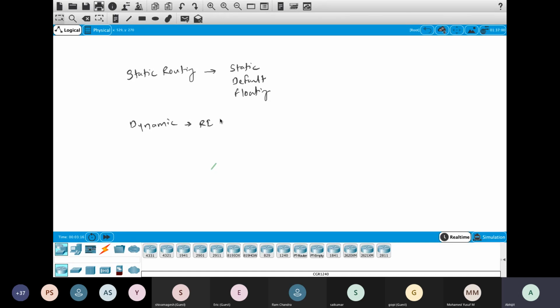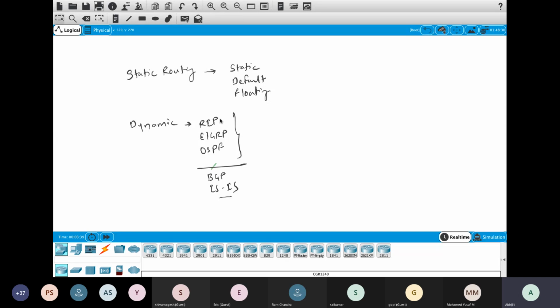First of all, you have Routing Information Protocol. Then you have EIGRP, which is Enhanced Interior Gateway Routing Protocol. And then you have OSPF. There are other routing protocols as well, like BGP and IS-IS, right? You might have heard about them.